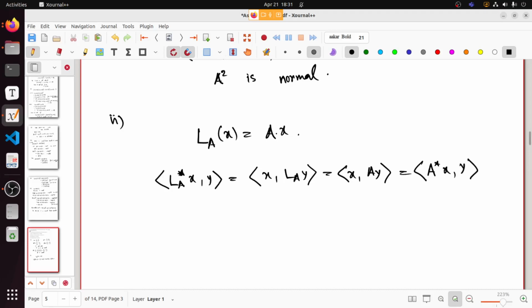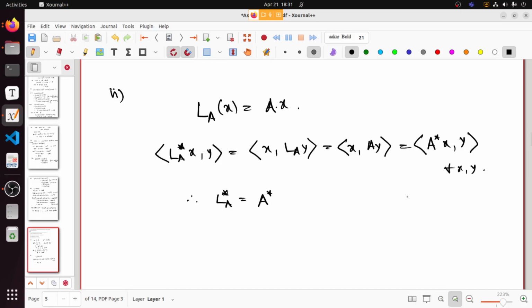So this is true for all X, Y. It means L_A star is the adjoint of A, right?